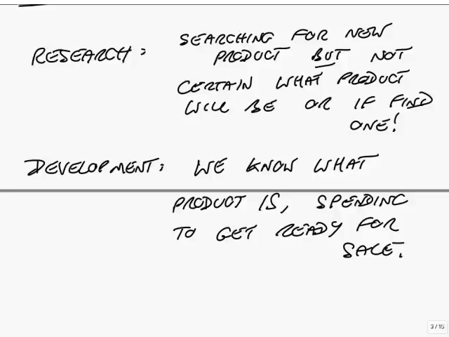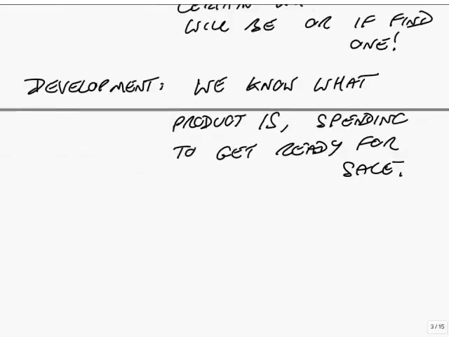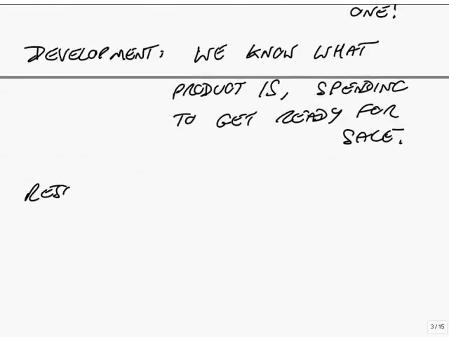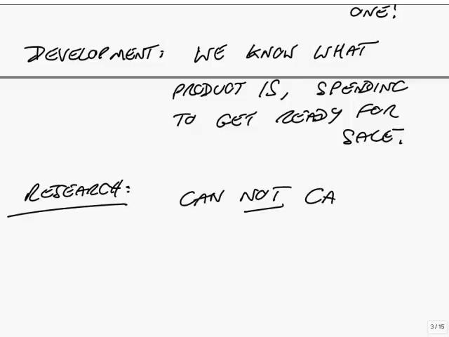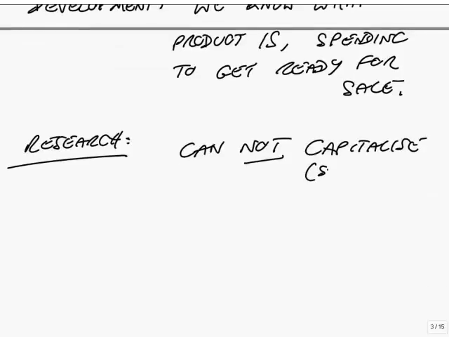Right, the rule is this. If it's research, you cannot show on the balance sheet. The word is capitalise. I think we've had the word before. Capitalise is show on the balance sheet. Well, you can't.